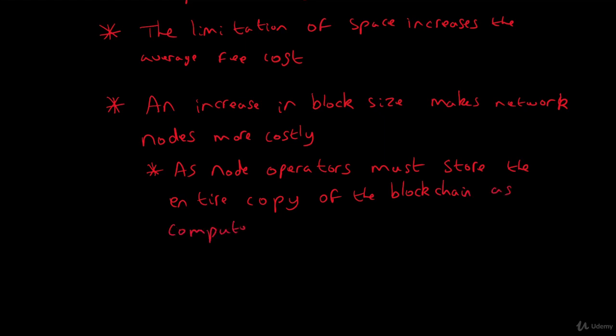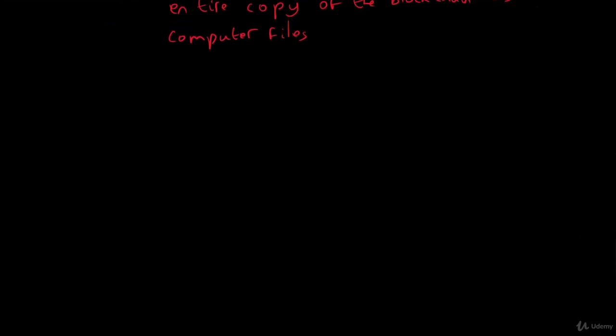So there are advantages to something like segregated witness, and there are disadvantages. So this is sort of like the history of why somebody would want to implement something like segregated witness.